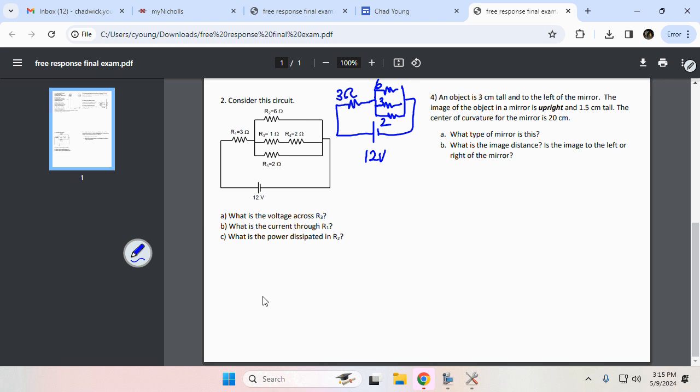That's 1, right? Isn't that 1? Did that right? So I have now 12 volts, 3 ohms, 1 ohm, 12 volts, and then the total equivalent resistor is going to be 4 ohms with 12 volts.